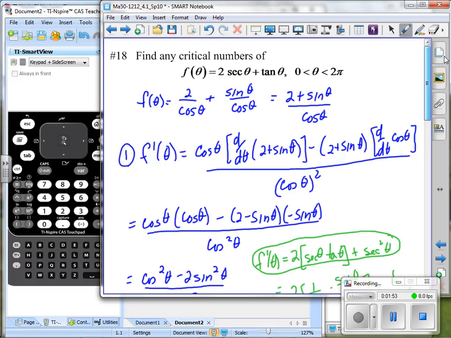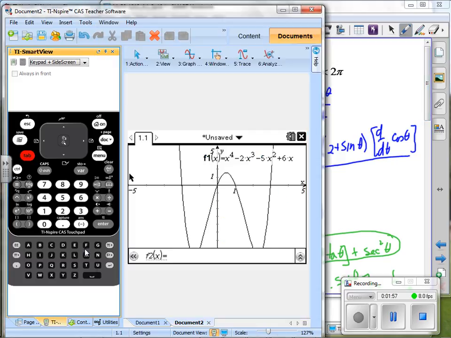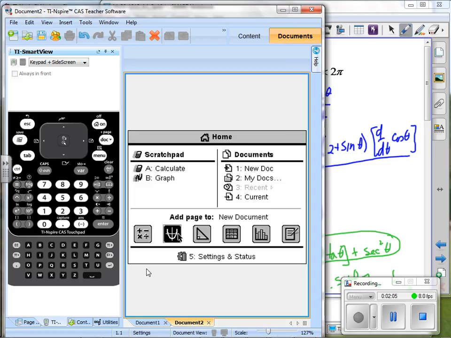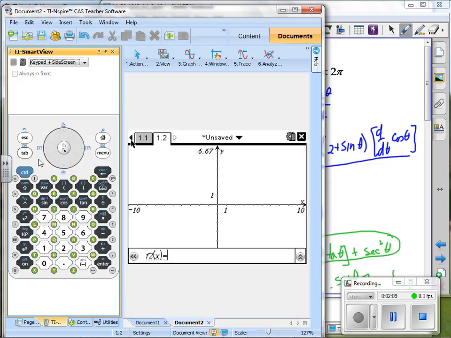So let's see, our function. We'll do that. Okay, another graph page. If you're on the gray model, you're going to have to convert secant to 1 divided by cosine.